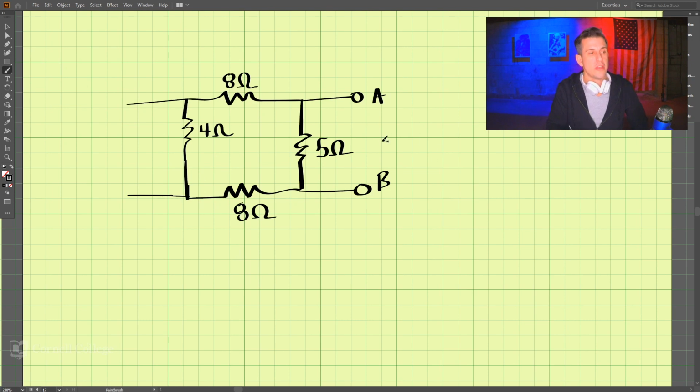Now we are looking for the equivalent resistance, which is equal to the Norton resistance.